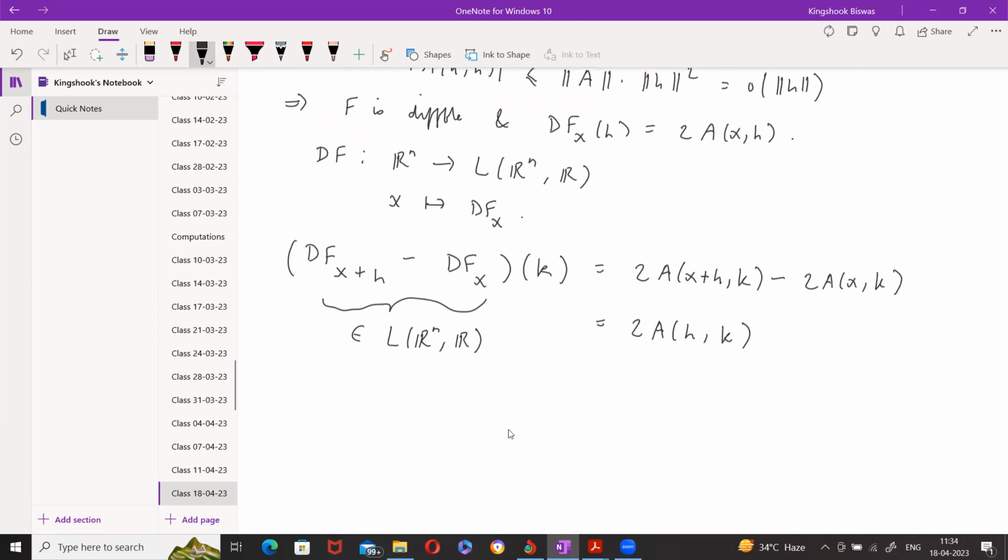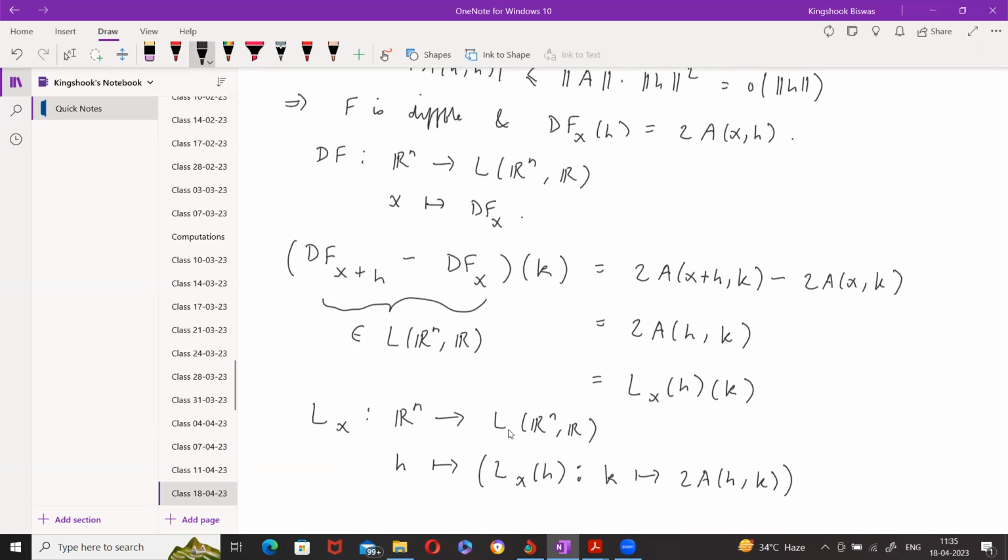So this is equal to a linear map, say L sub x of h, acting on k, where L sub x is a linear map from Rn to L(Rn, R). h goes to the linear map L sub x of h, which sends k to twice A of h, k.